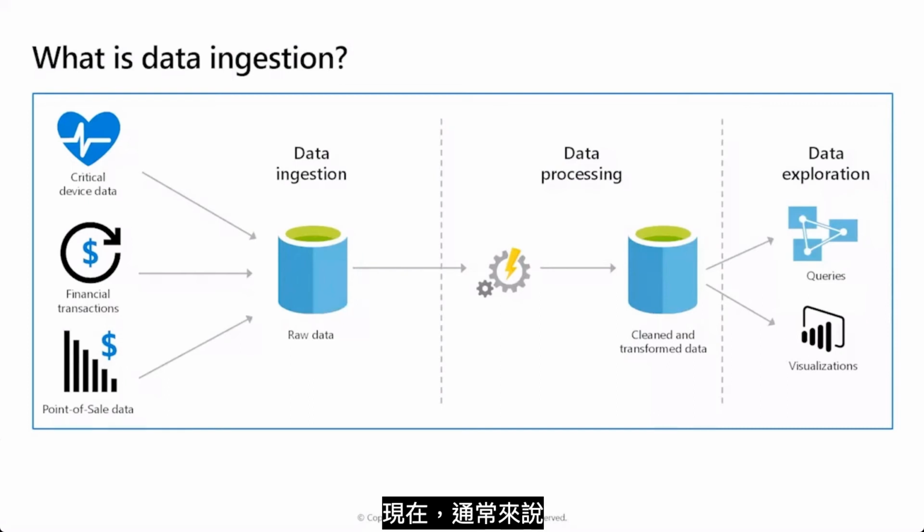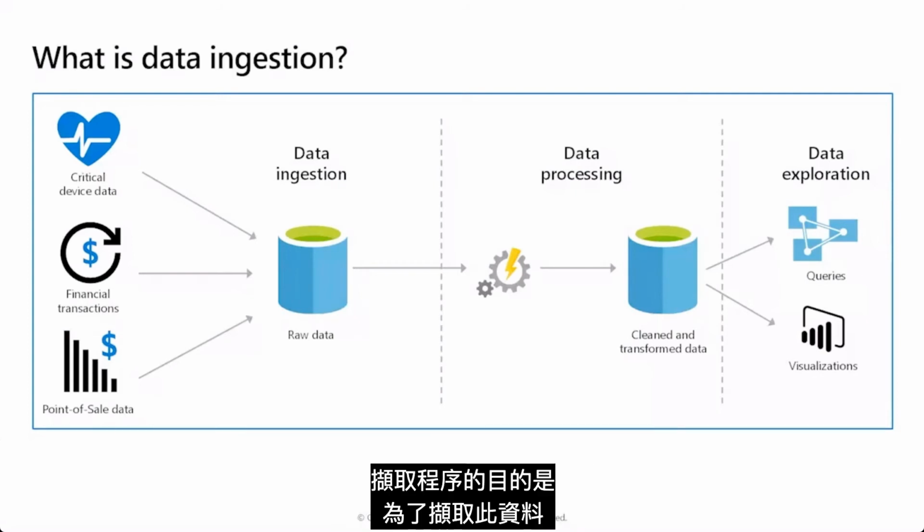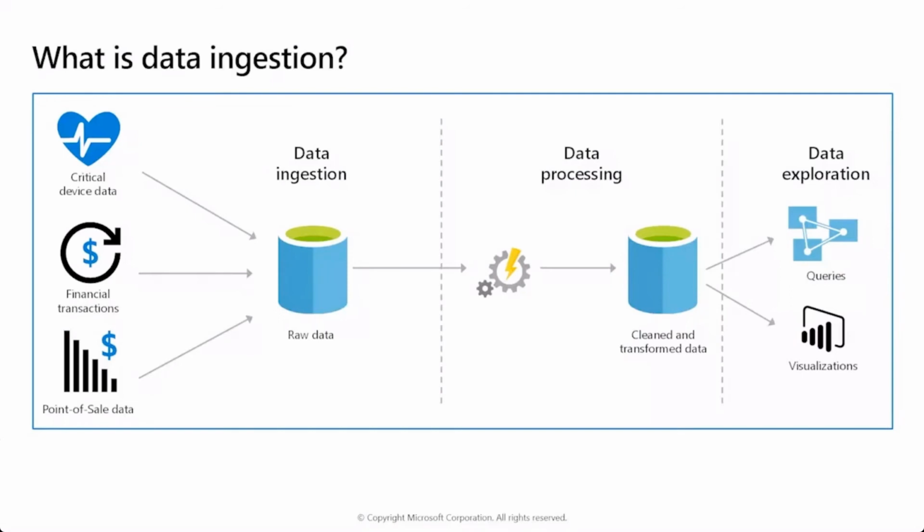Typically, to start the data analytics process, we begin with data ingestion. Data ingestion is the process of obtaining and importing data for immediate use, or we can store it in a database. During the data ingestion process, data could be ingested through a continuous stream, or it could come in batches. The purpose of the ingestion process is to capture this data and either process it immediately or store it.